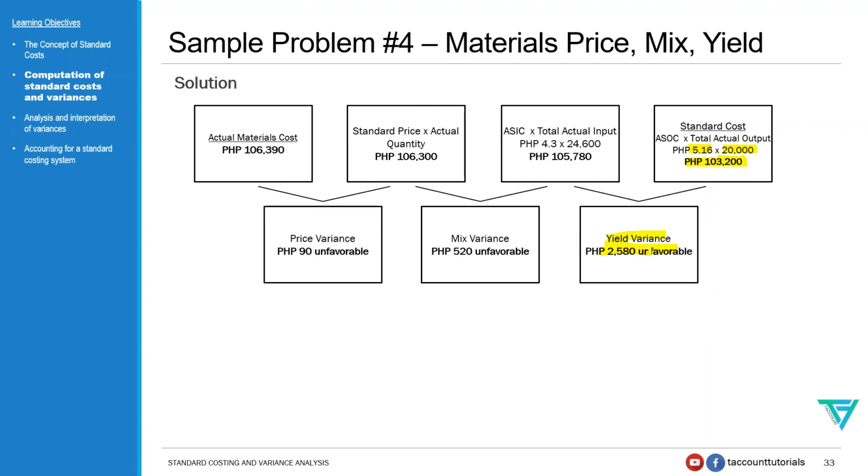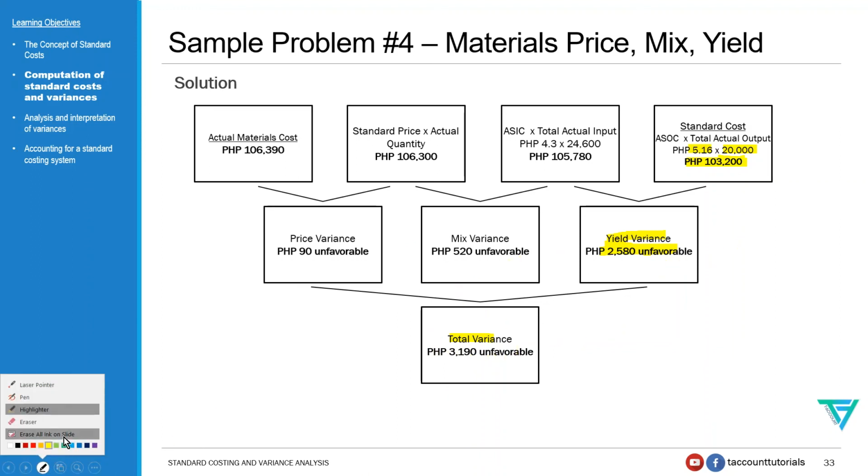Same analysis, if we get the total of everything, we get the total variance of 3,190 unfavorable, because they all add up to a greater unfavorable variance overall. I'd also like to point out that if we get the standard cost and deduct the actual materials cost from that, we arrive at basically the same amount of variance, 3,190 unfavorable, down below.